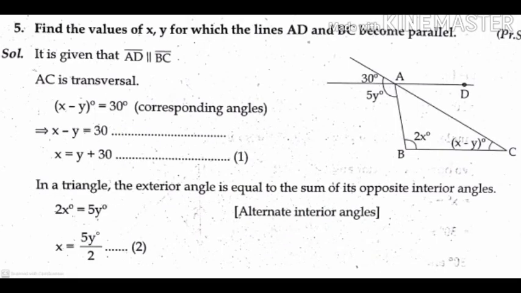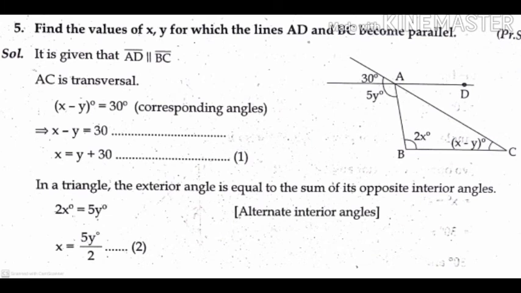Next, fifth question. Find the values of x, y for which the lines AD and BC become parallel. Solution. It is given that AD is parallel to BC and AC is a transversal. Therefore, x minus y whole degree is equal to 30 degree since corresponding angles.